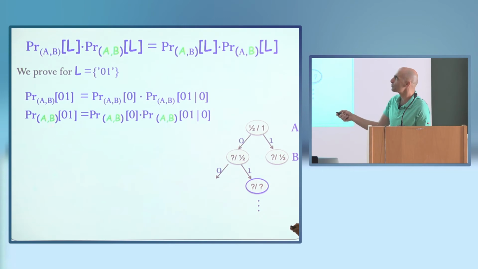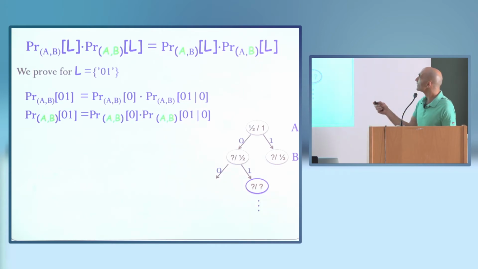This is the same for any protocol, also for the all-cheating execution. And the point to notice is that since Alice controls the first round and Bob the second round, it only depends on Alice what happens here. So she doesn't know if B is being honest or not.